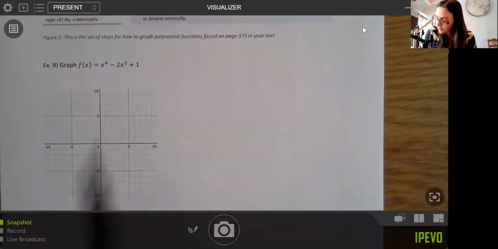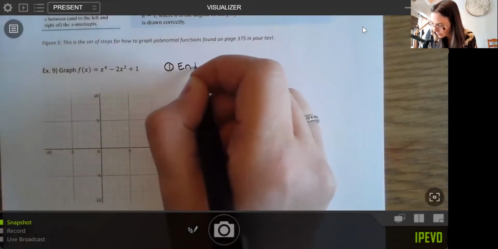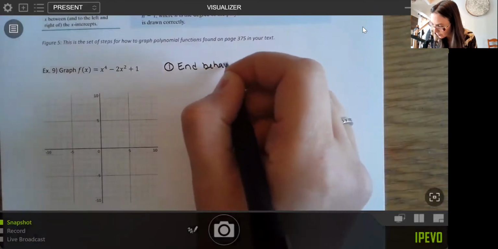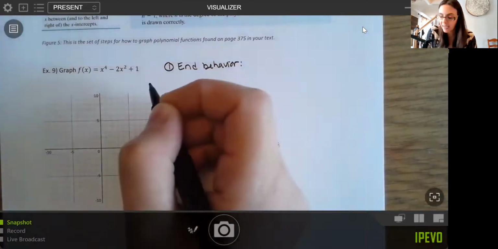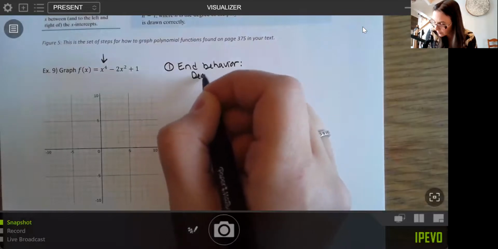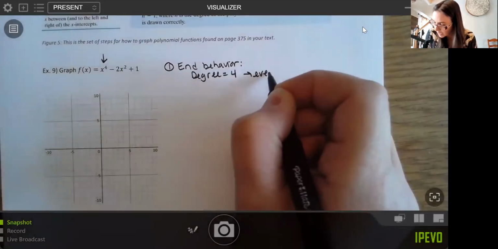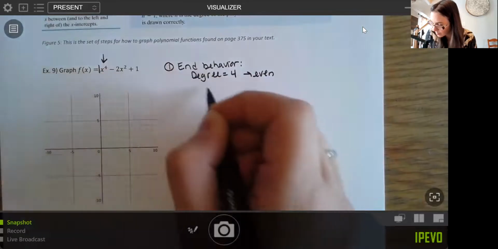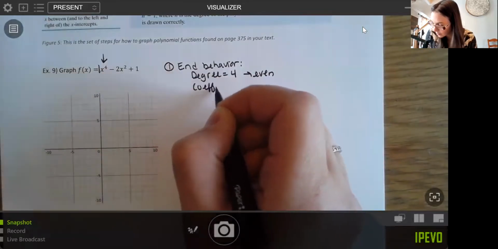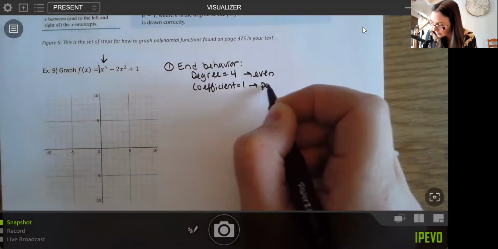All right. So the first thing I'm going to look at is my end behavior. So my highest degree here, remember, this is really where you're focusing. Our degree is 4, which is even. And then my leading coefficient is 1, which is obviously positive.